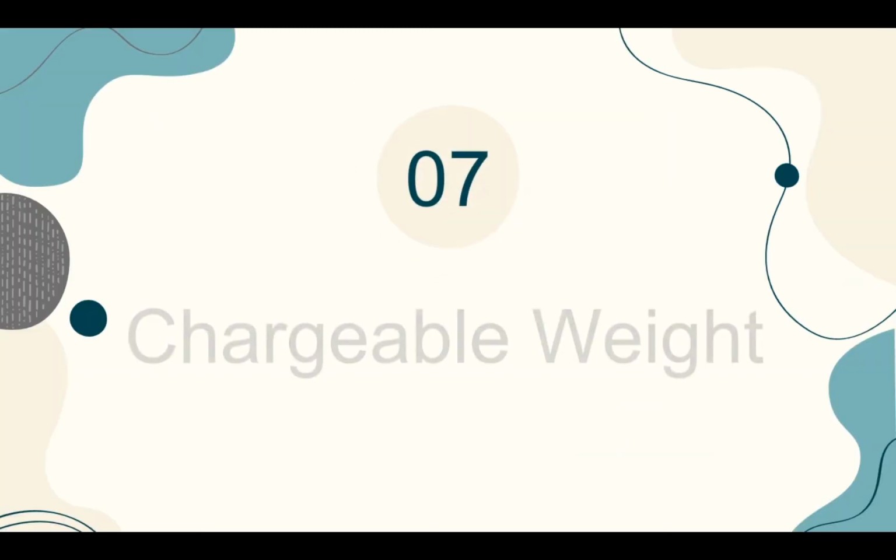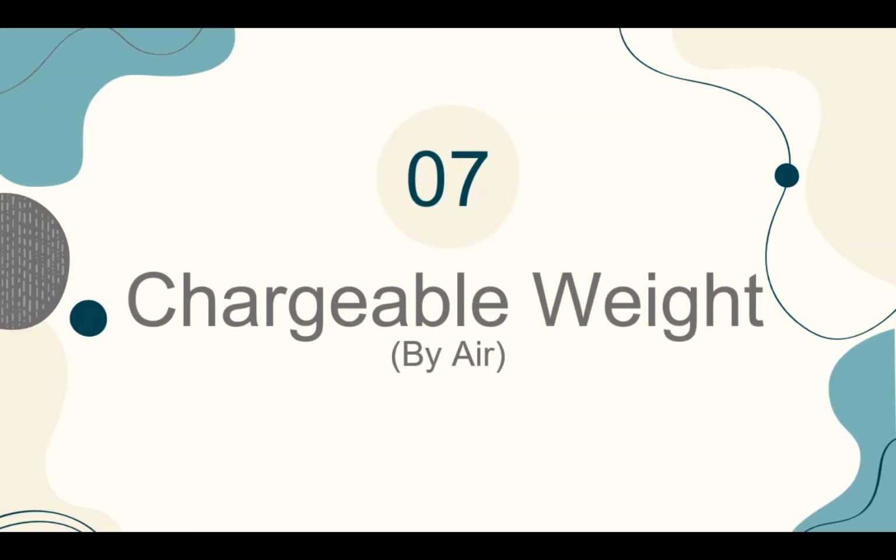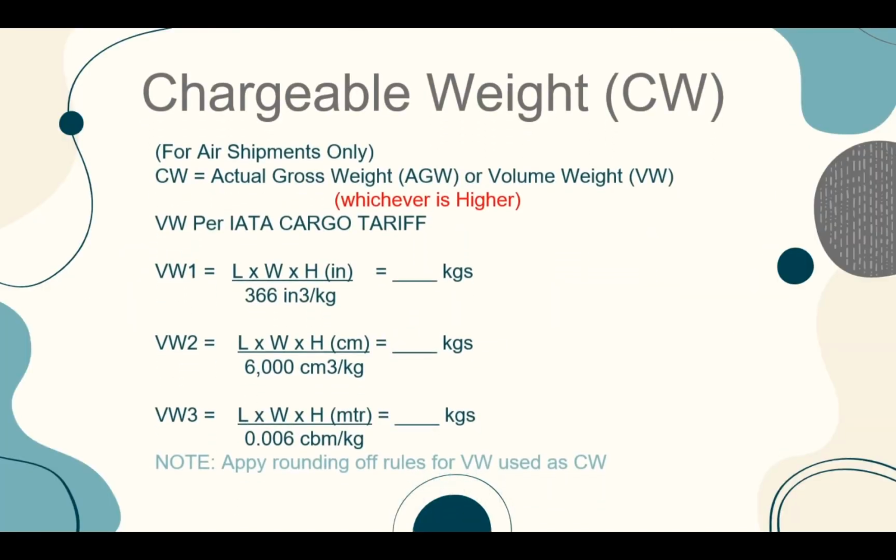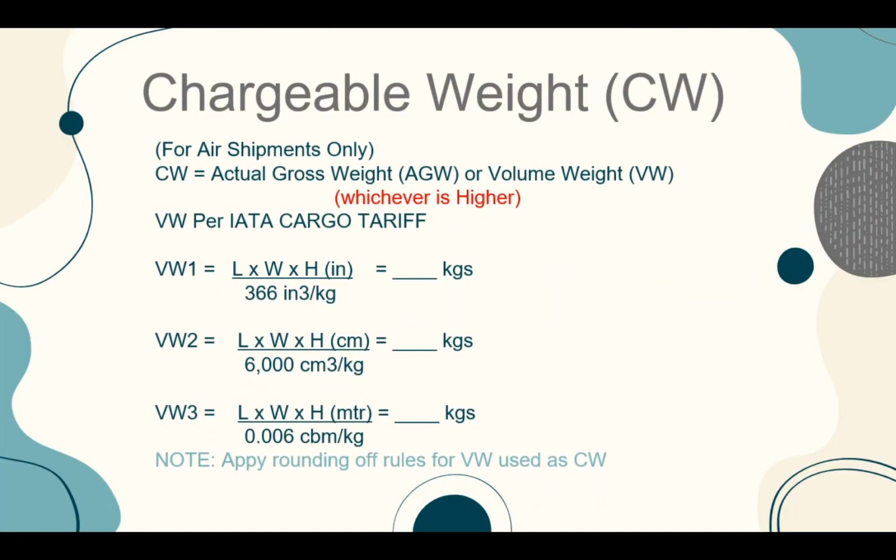Alright? So, let's go to the chargeable weight by air. For air shipments only, chargeable weight is equal to the actual gross weight or volume weight, kung sino yung mas mataas sa kanila. Volumetric weight per IATA cargo tariff.